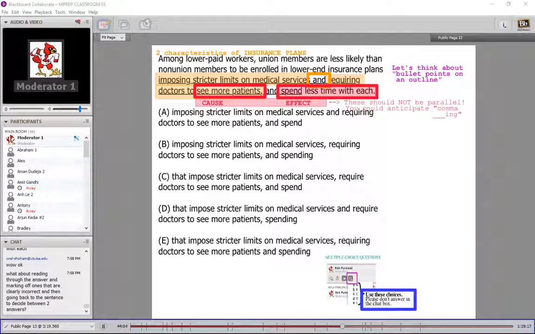There's a question in the chat about reading through the choices and marking. If you can just read through these cold and mark off the ones that are incorrect, and you can do that even decently often, then you'll honestly be getting pretty much all of these problems right already. Picking out errors cold is not something you want to try.